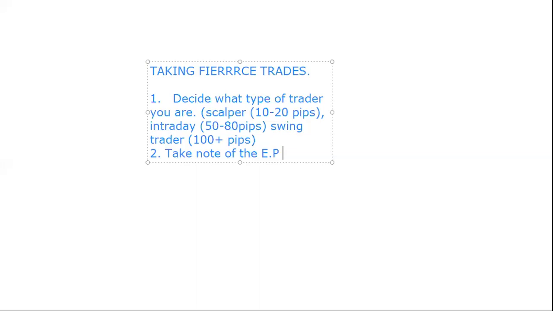Then you're in a rush to enter a trade that has been called by Fierrrce, in a rush not to miss it. Then poof, you're in a live trading account, which is $50, with a lot size of 1. Hey, my friend, you'll be in for a bad day or an interesting day. It must not be a bad day, but it can be very interesting.